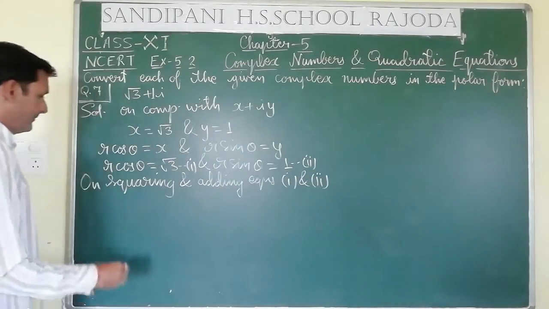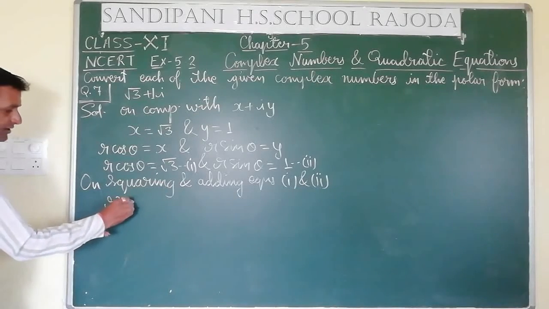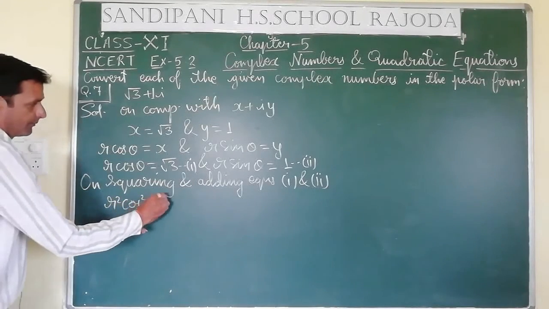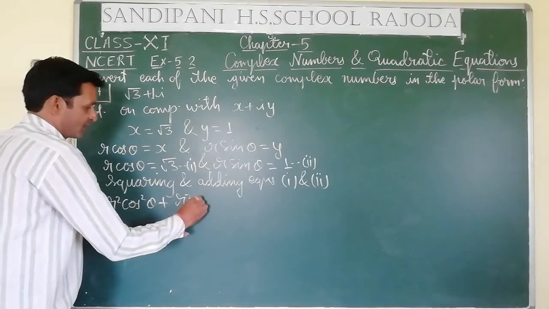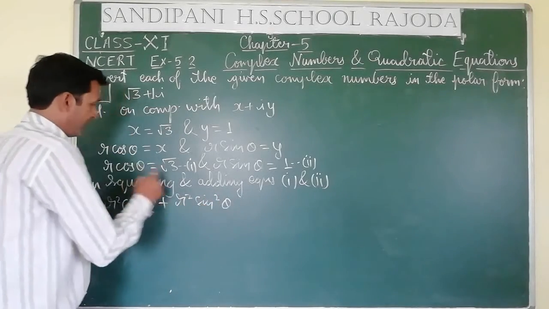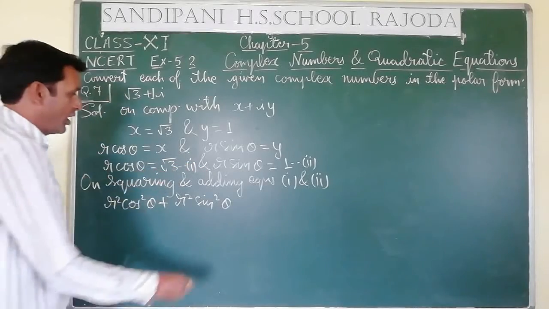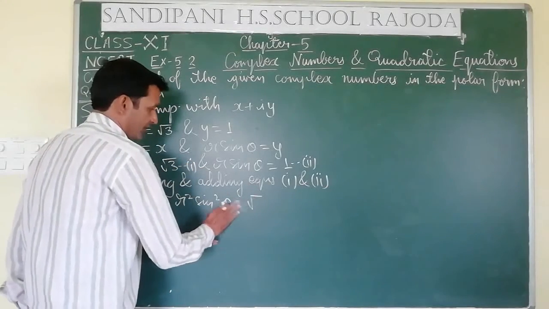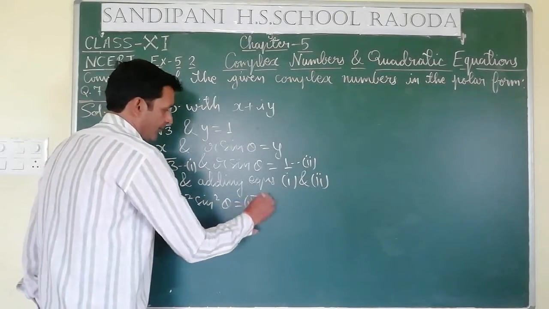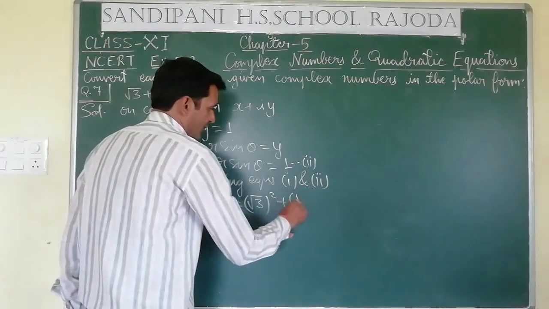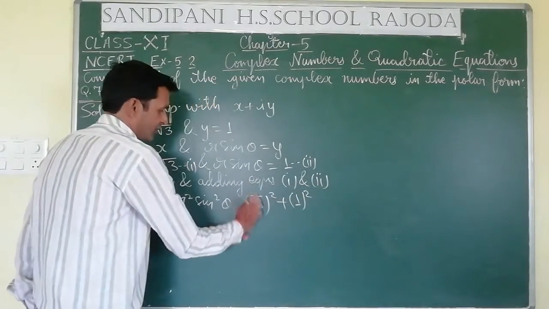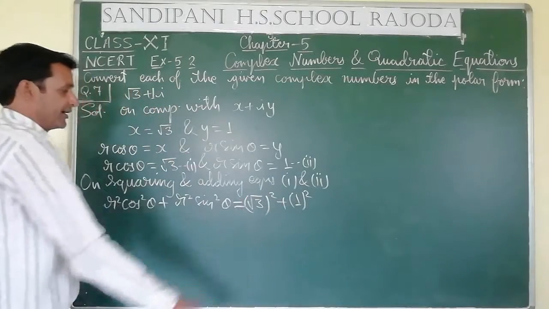So it will become r square cos square theta plus r square sin square theta. LHS we have squared and added, and now RHS, root 3 square plus 1 square. Means RHS is also squared and added now.